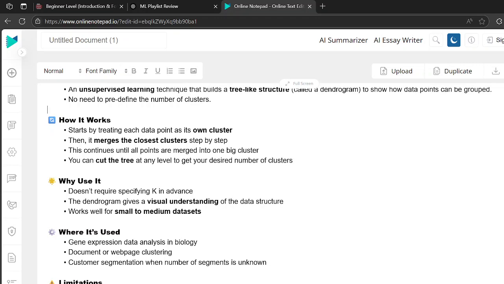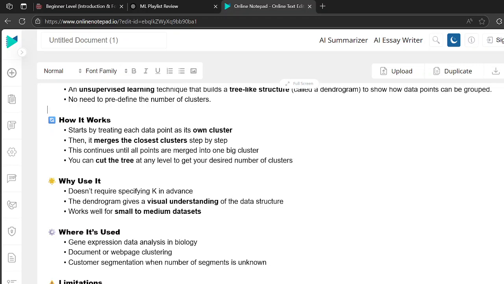So once the groups are merged into a single group, we will then be able to cut our tree at any level to get our desired number of clusters, right? We can cut our tree at the starting level to get a lot of clusters.